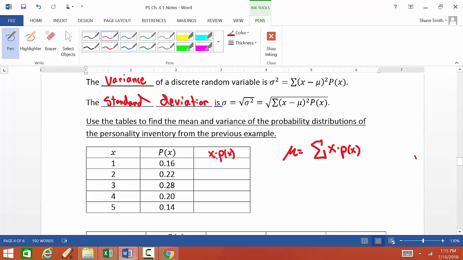So 1 times 0.16, 2 times 0.22 is 0.44, 3 times 0.28 is 0.84, 4 times 0.2 is 0.8, 5 times 0.14 is 0.7. And then according to the formula, we add all these together, and you get 2.94. So that is the mean value for the industrial psychologist.